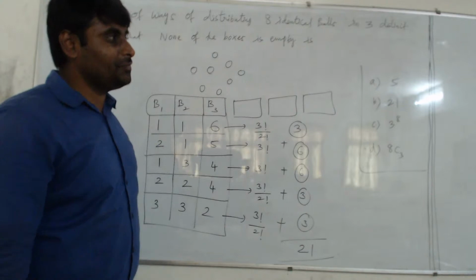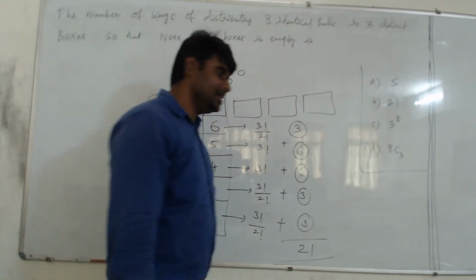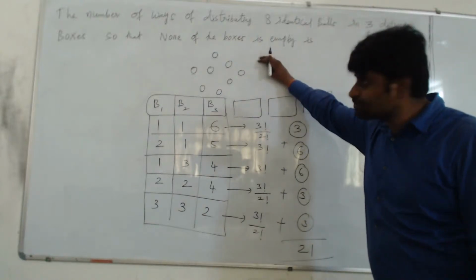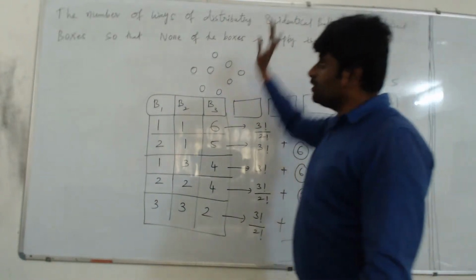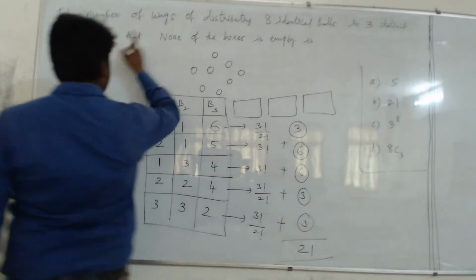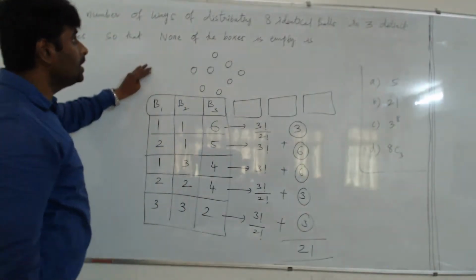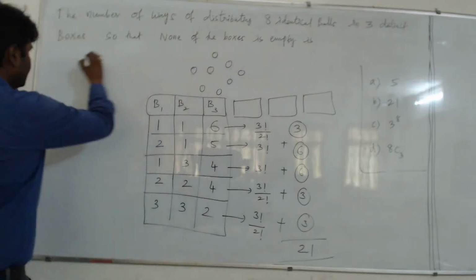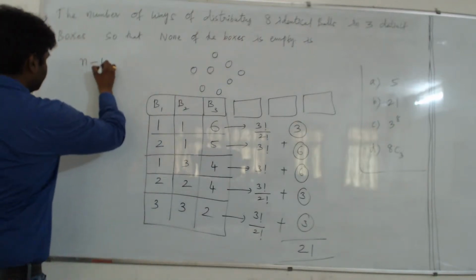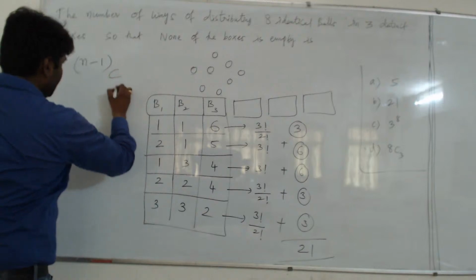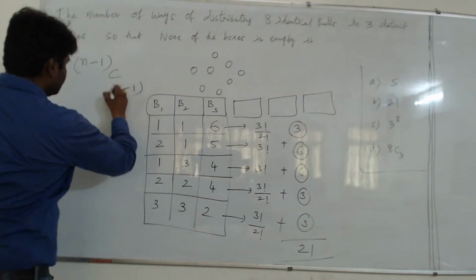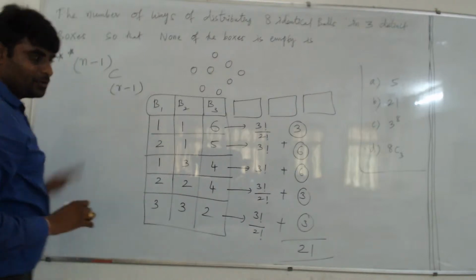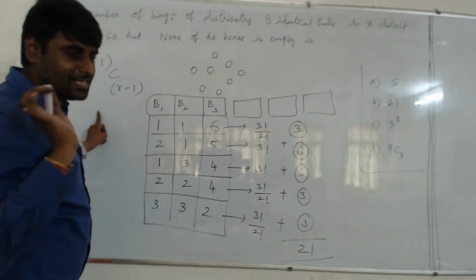But what is the shortcut for this model? To list out like this takes time for MCQs. Right? Now, when you are given n identical balls and r distinct boxes, the formula will be (n minus 1) C (r minus 1). So this is the shortcut for this model. Okay, (n-1) C (r-1).